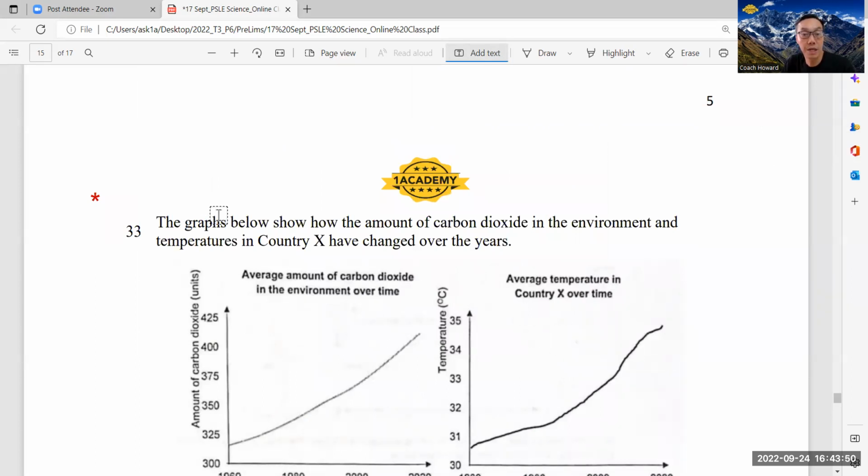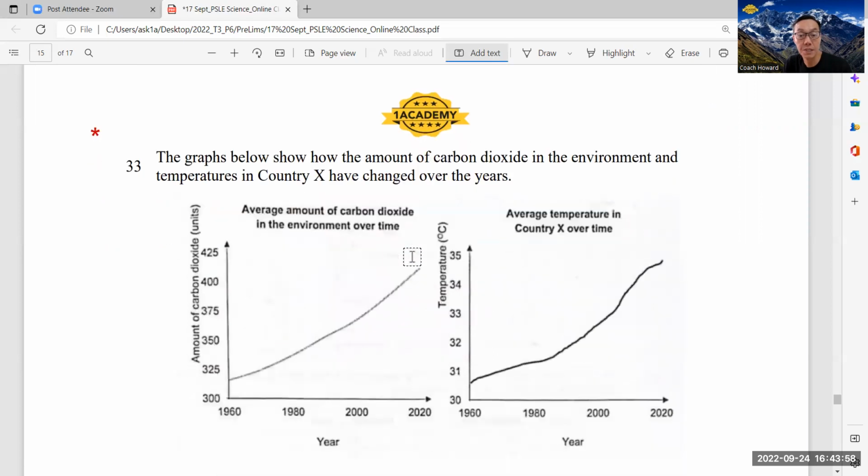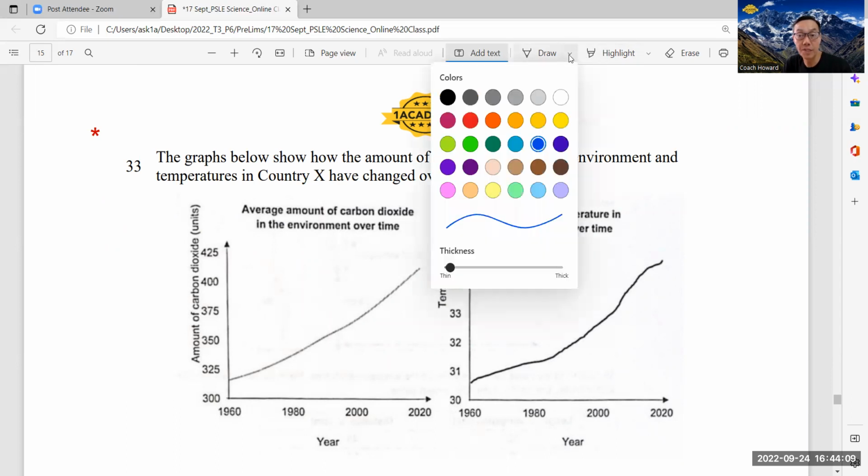Okay, it says the graph below shows how the amount of carbon dioxide in the environment and temperatures in country X have changed over the years. As you see, it is recorded from 1960 to 2020, the amount of carbon dioxide and also the average temperature. So the first thing you need to observe is the pattern.